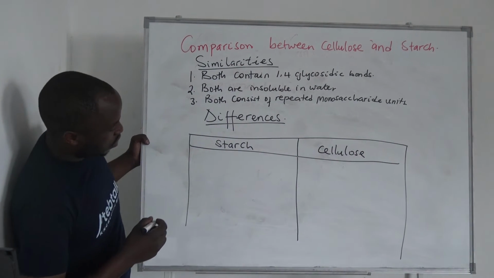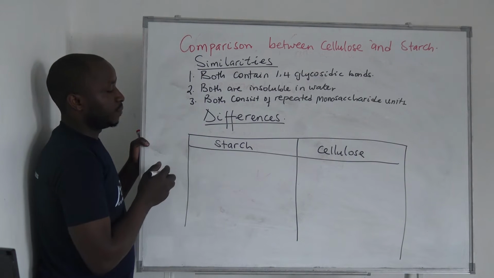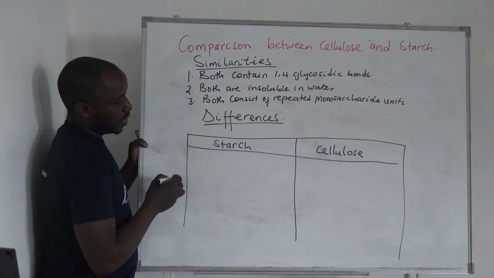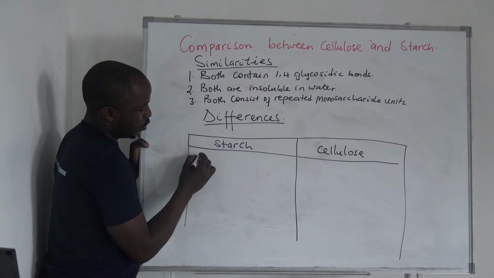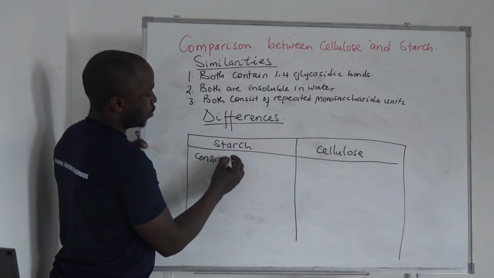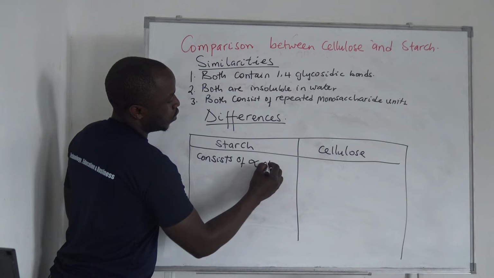These two molecules have something in common, but they are different. At least we can begin with the sugar units. Starch consists of alpha glucose units.